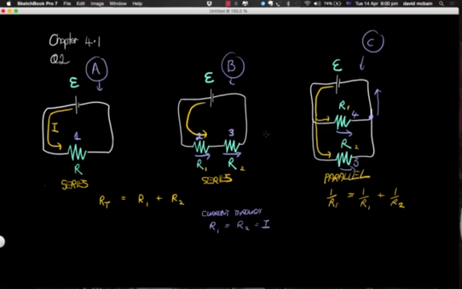The final thing we need to be aware of before we can do this problem is how voltages behave. Remember, when you are looking at the voltages around a circuit, think of it as you've been given some money to spend at an amusement park, and you have to follow a particular circuit. And whatever circuit you follow, you must spend all of your money by the time you come back to your starting point.